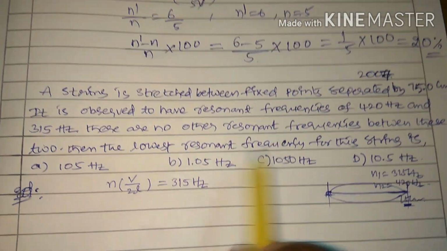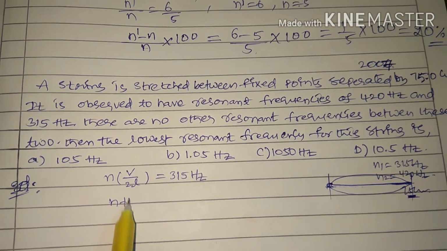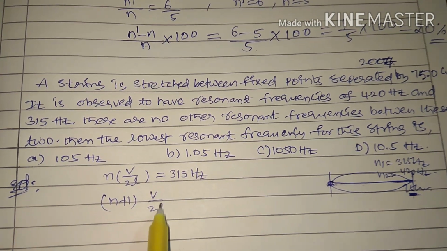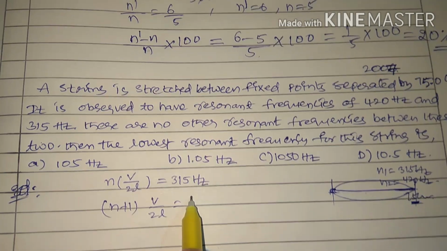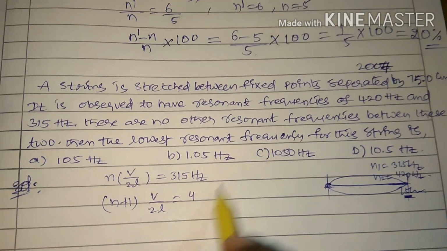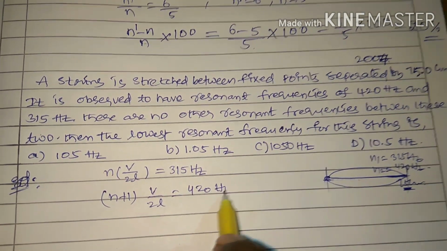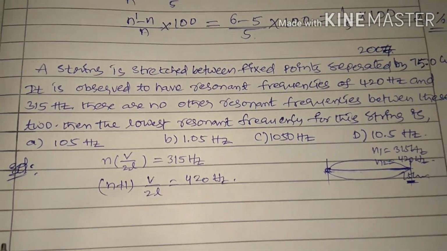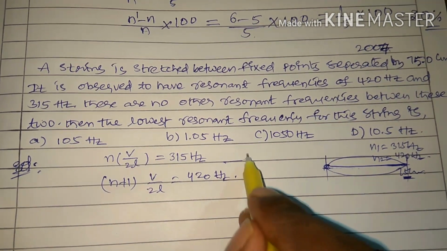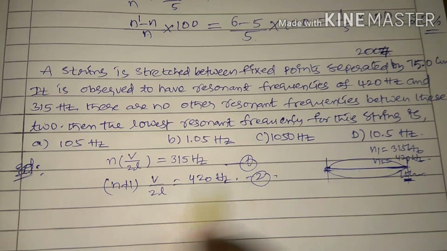The second resonating frequency, (n plus 1) into V by 2L, is equal to 420 Hz. Now we have to find the ratio of 2 by 1.